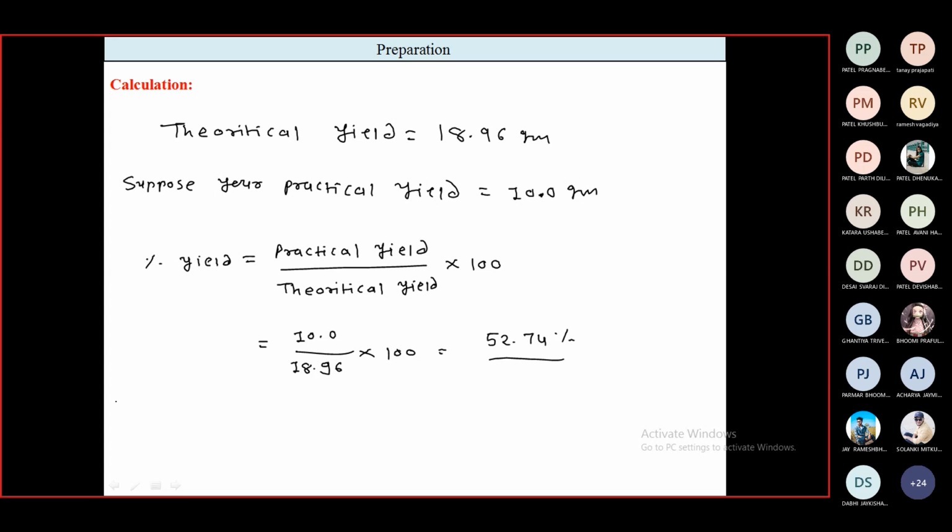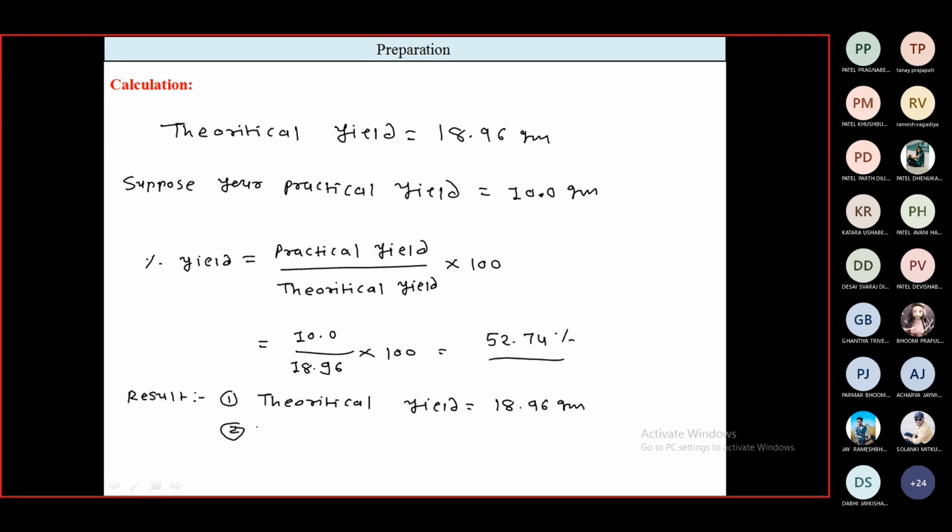How to express the result? The result is very simple. In the result you can write down three things: theoretical yield is equal to 18.96 gram.